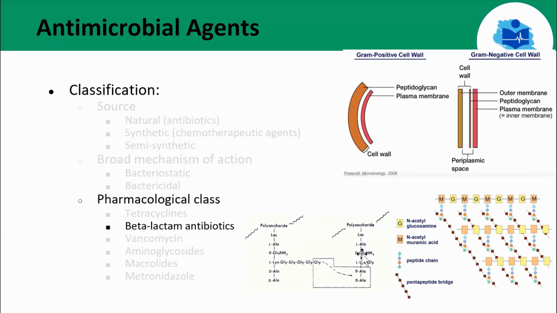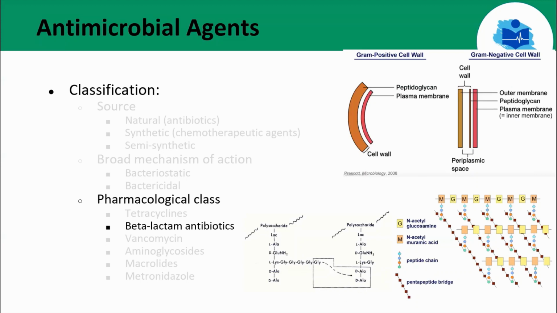As you can see on the right-hand side here, in the case of Staphylococcus aureus, the 4 amino acids are L-alanine, D-glutamate, L-lysine, and D-alanine. There's a pentapeptide bridge that links from the 3rd amino acid in the previous 4 amino acid peptide chain above to the 4th amino acid in the 4 amino acid peptide chain below.